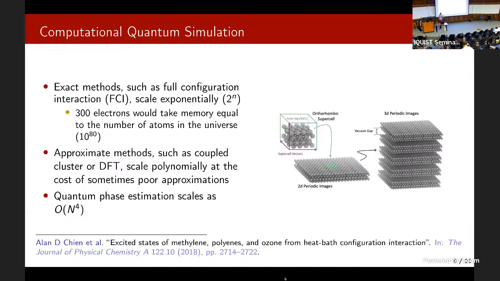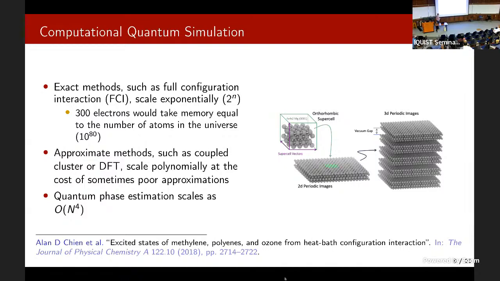Instead of solving the whole thing, we use a pretty standard technique used in simulation, which is we use supercells so that we can get periodic images. So we're only solving a small square here, but that gives us the full material. That's pretty standard for periodic calculations.